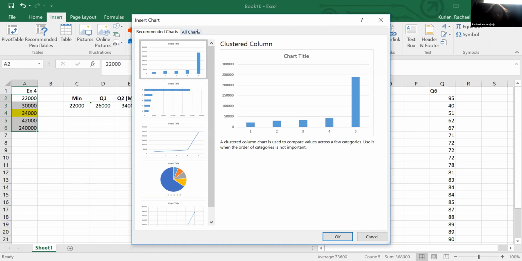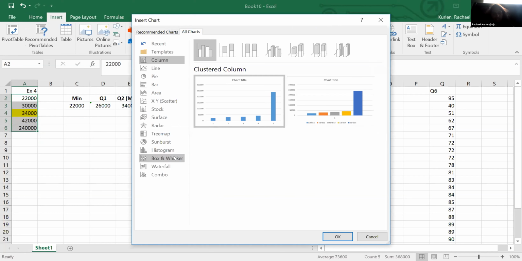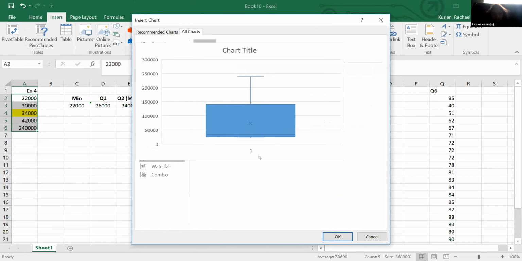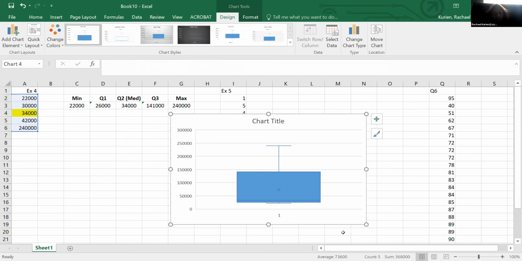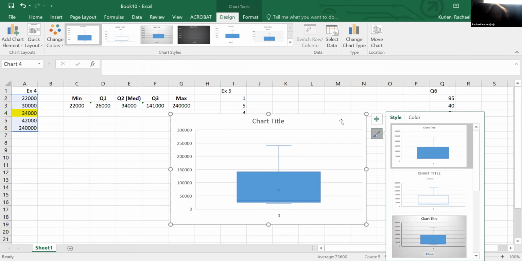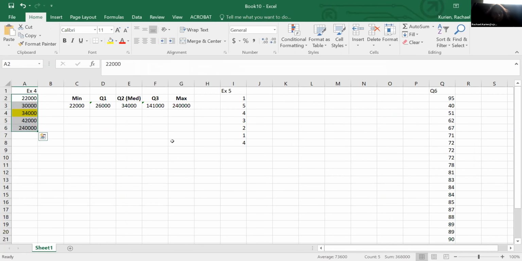And you'll go to all charts because you don't see it in your recommended. And here it says box and whisker. And there is our box and whisker. And voila, it pops up. You can be fancy with it if you want. You can change how you want it to look. I'll let y'all play with that. All right.